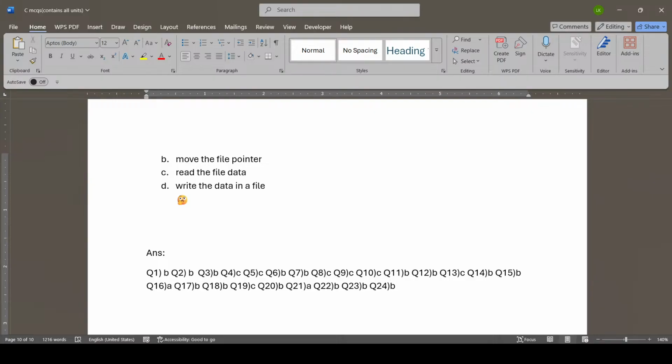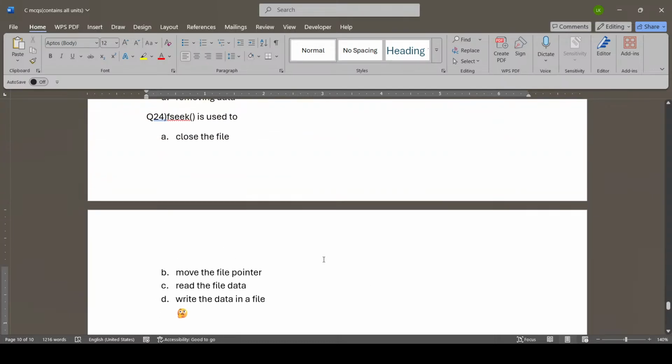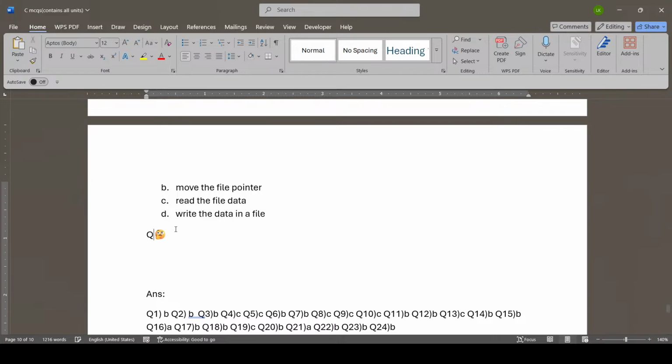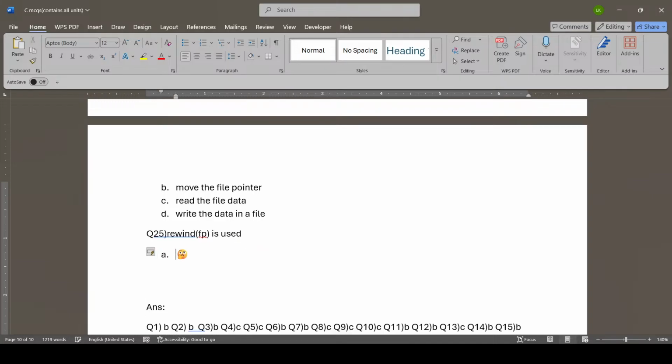Now, going to talk about the next question, question number 25. rewind(fp) is used: first option is to move the pointer to the end.